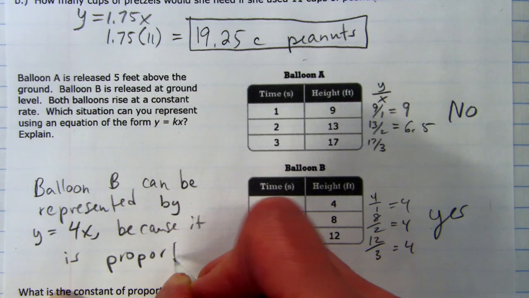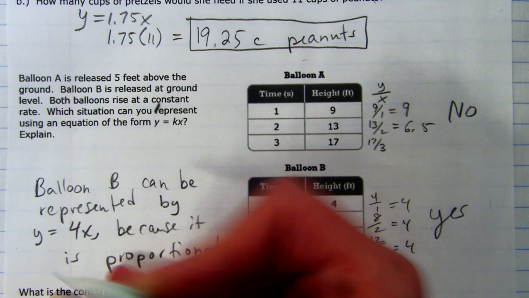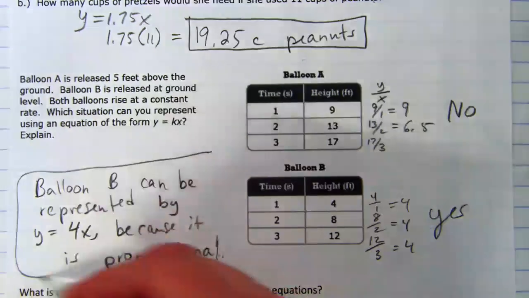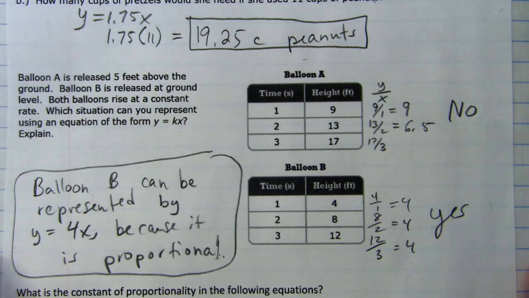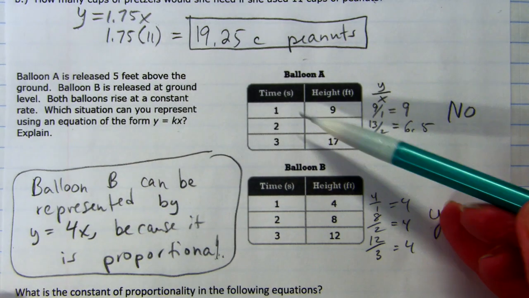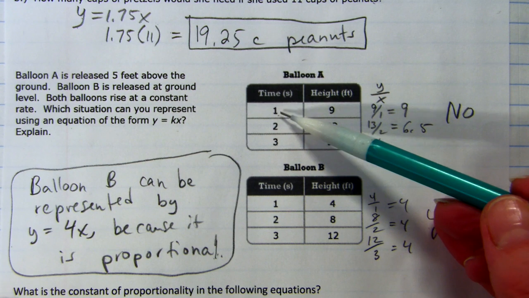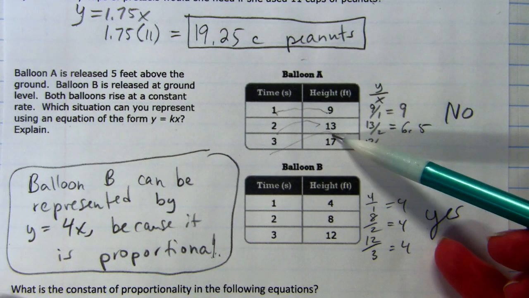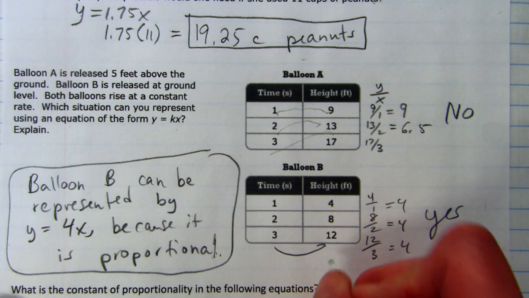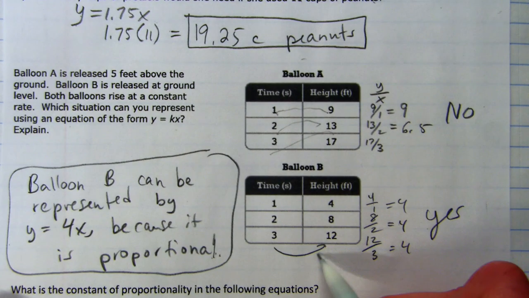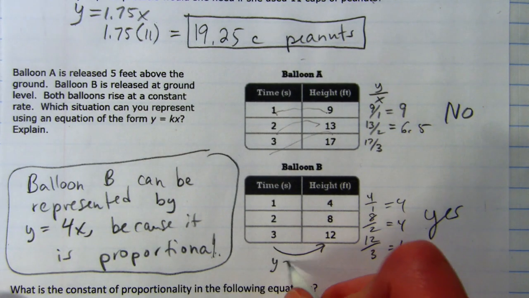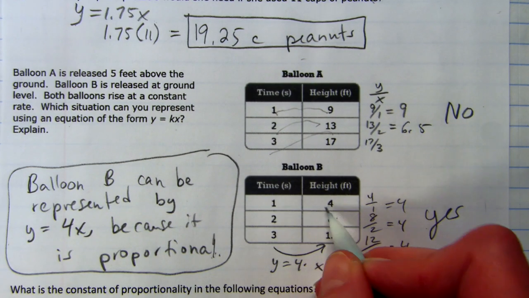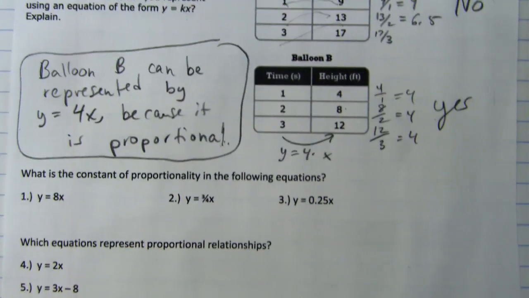So if I'm going to do that proportional equation, it has to be proportional first. The other one's equation is going to be a little bit different because it's not a direct relationship where I can take this times something to get this. It's going to be a different number every time I try to do it. Whereas here, I can just take everything times 4. y equals 4 times x. So 3 times 4, 2 times 4, 1 times 4.